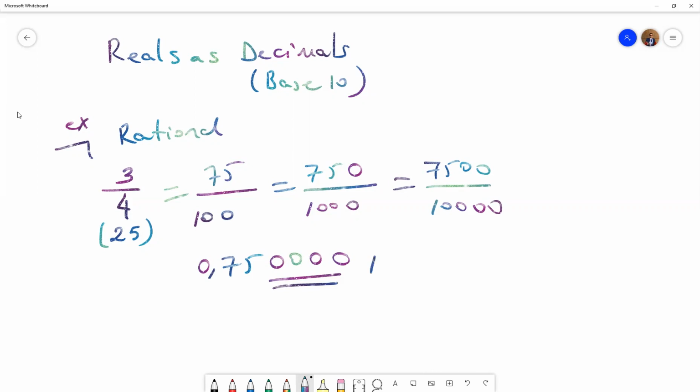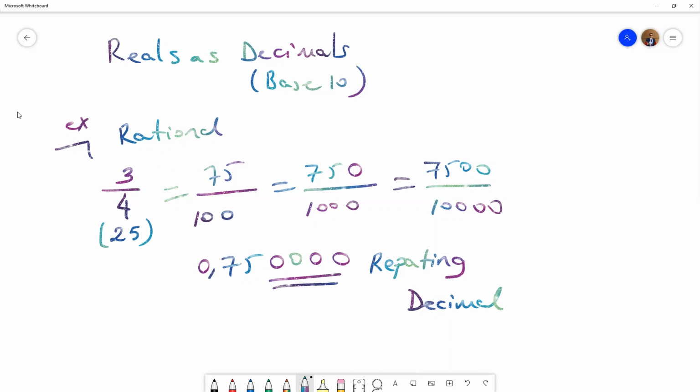This is repeating decimals. Have we got another thing such as non-repeating decimals?